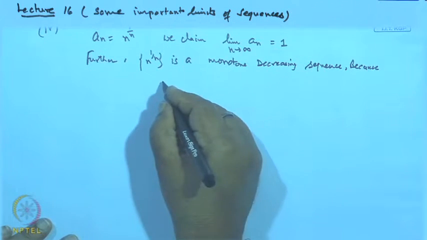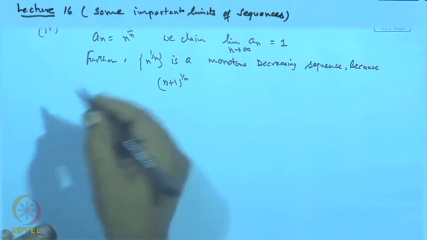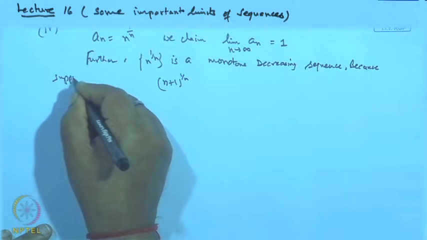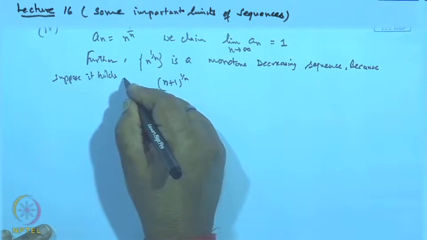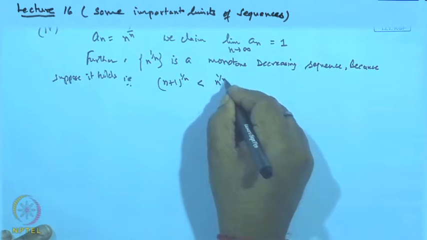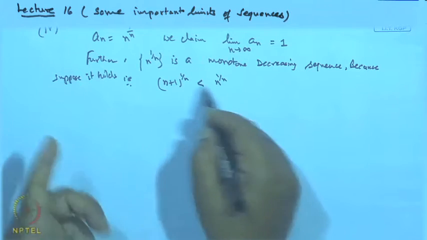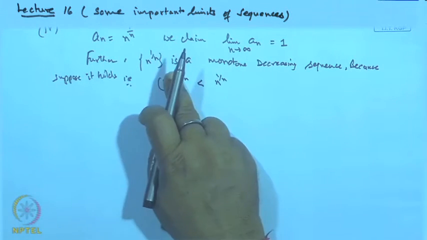Why? This is our claim. Suppose it holds, then (n plus 1) to the power 1 by (n plus 1) should be less than n to the power 1 by n. As n increases, it decreases. So, we claim that this is a monotone decreasing sequence.